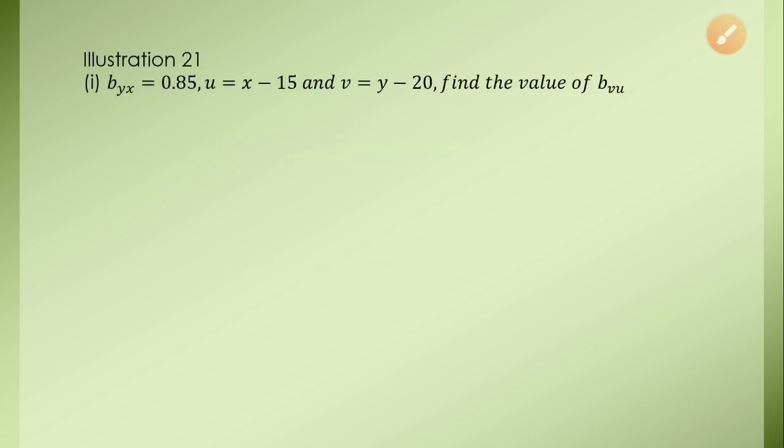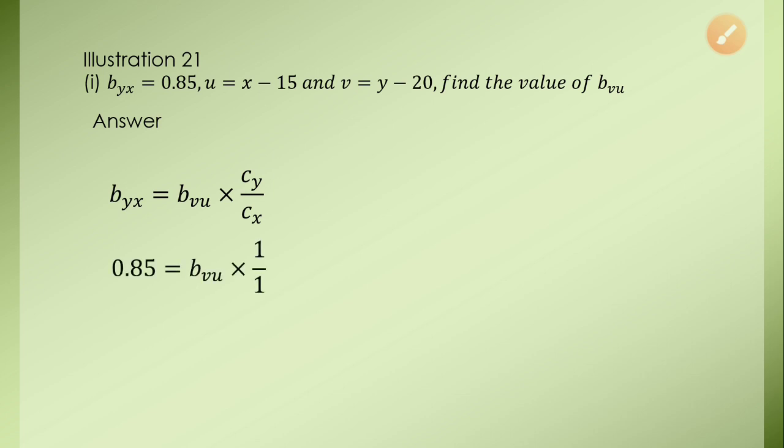Then we started sums like this. Byx is already given, bvu you have to find, and cy upon cx. In this question, focus on u and v. Nothing is divided and nothing is multiplied, so there is no cy and no cx. So take cy and cx as 1 and 1. If you solve this, you will find the answer is the same.